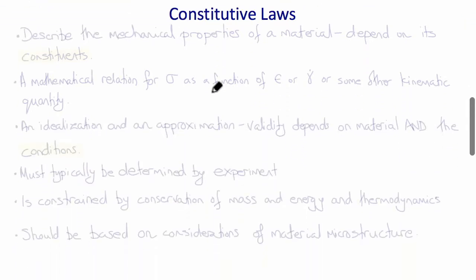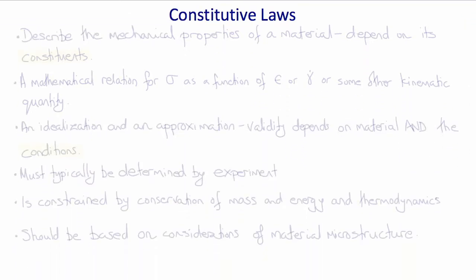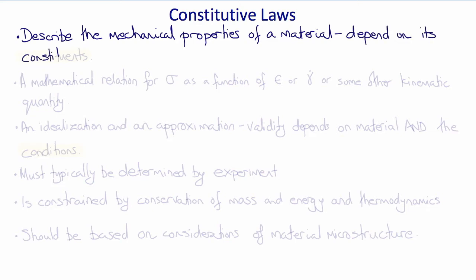So let's look at constitutive laws. Constitutive laws describe the mechanical properties of a material and are so named because they depend on the constituents of the material, what the material is made of.